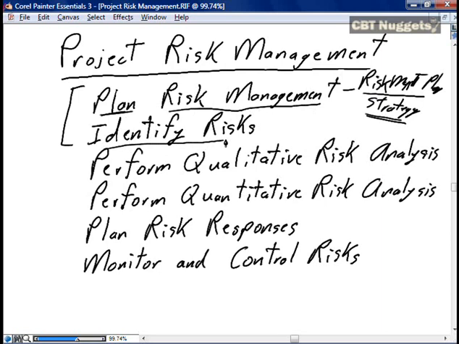And then the last part of this nugget, we focused on identifying the risks. Where do risks come from? And the short answer is they come from anywhere. They come from technology, they come from team, they come from the environment, they come from the economy, they come from the competitive environment, they come from everywhere in the project.